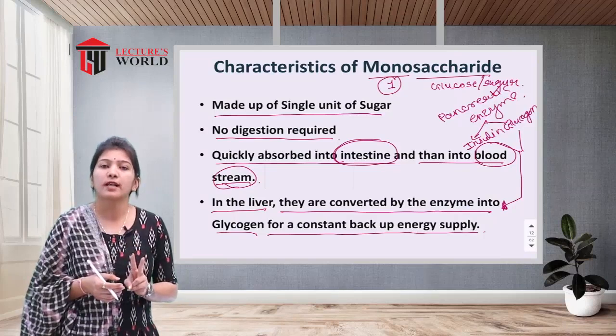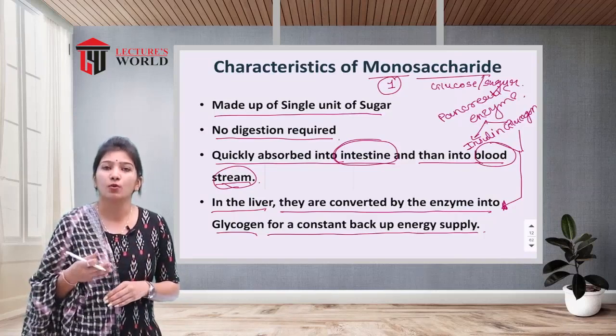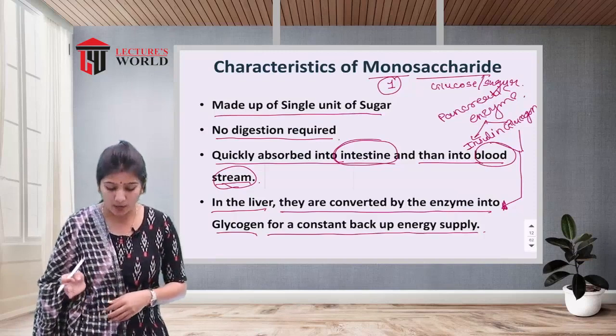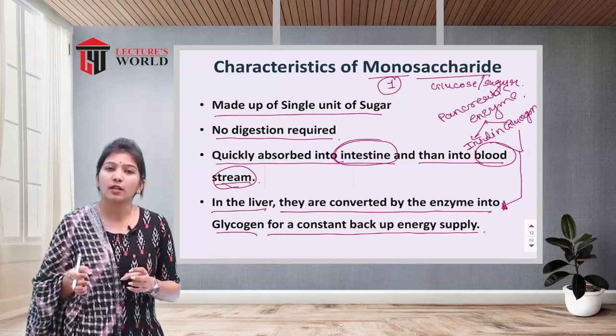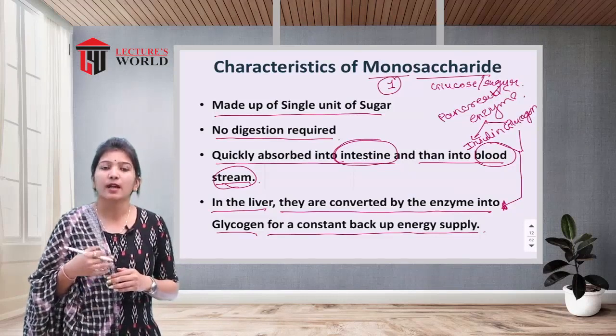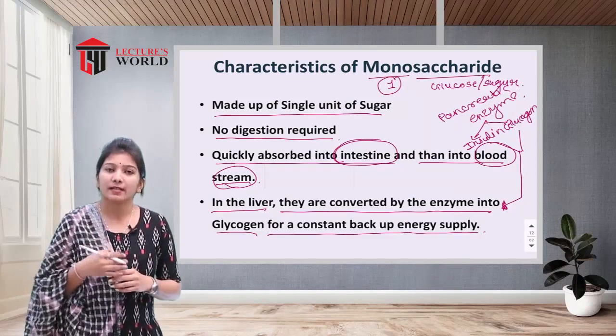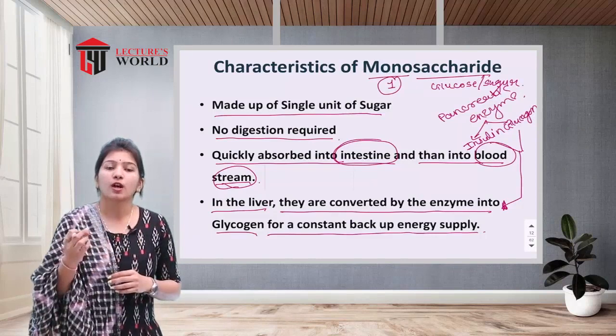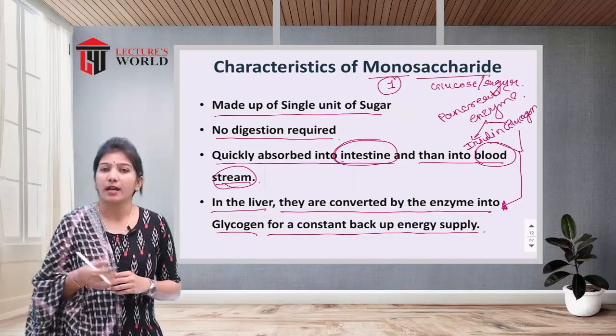Both are responsible for converting glucose into glycogen, and that glycogen is stored in our body. Whenever we require energy, whenever we require a supply of calories, our body uses that stored glycogen to perform any kind of activity.